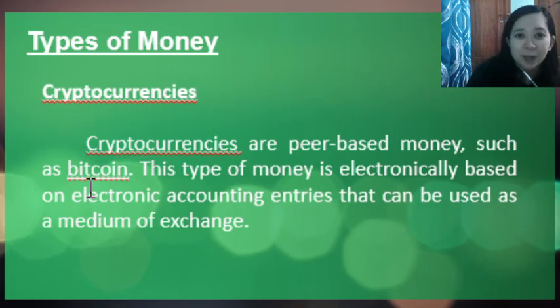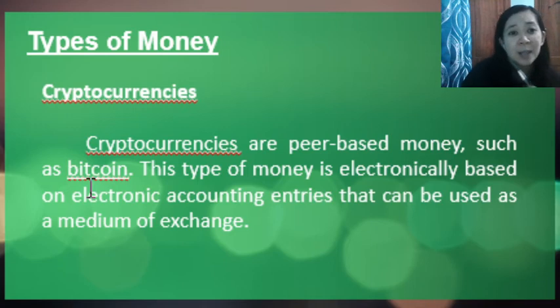So what about cryptocurrencies? Cryptocurrencies are peer-based money, such as Bitcoin. I know you have an idea of what Bitcoin is, or you have already heard of this term. Bitcoin is one of the most famous and common types of cryptocurrencies.